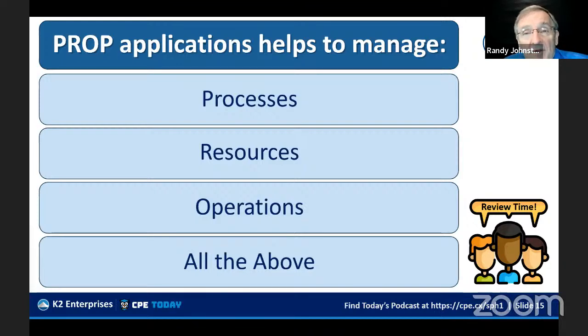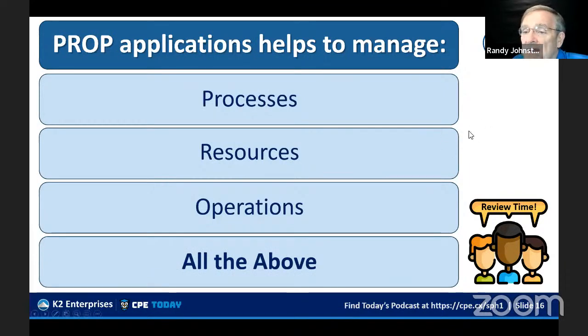We believe that they're trying to control both materials and labor, the resources. We believe that they're trying to optimize their operations to make them efficient. So it turns out that PROP, which, by the way, does include process, resource, and operations, and trying to make a plan for all those, I believe the correct answer is all of the above.